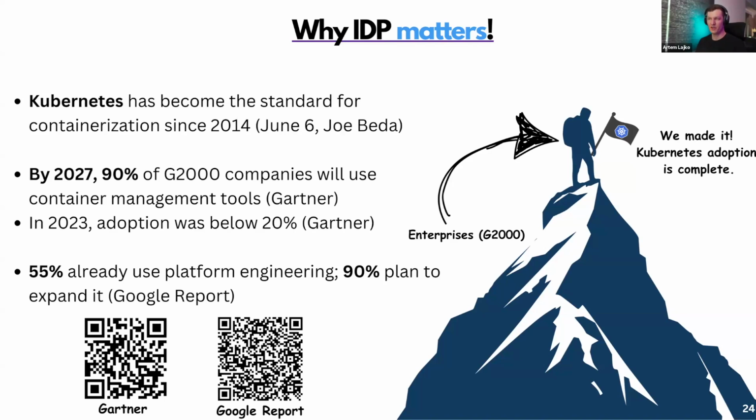And if you look at the Google report from this year, 55% of companies already use platform engineering, whatever it means. You can relabel it and say, yes, I'm using platform engineering, and 90% plan to expand. If you're building a platform, IDPs have a connection to platform engineering, and because of that, I think it matters. Like I said, 11 years now, and most companies have just adopted or will adopt containerization, not Kubernetes.